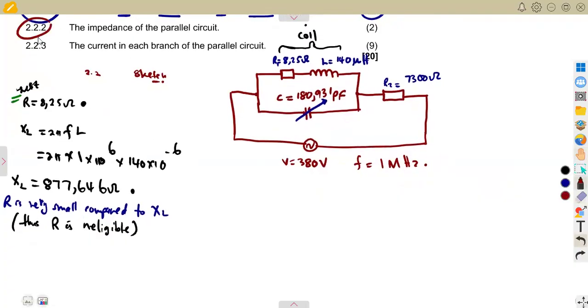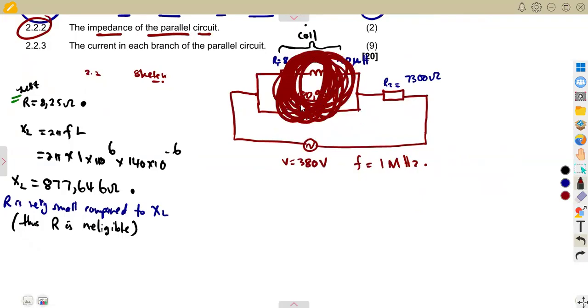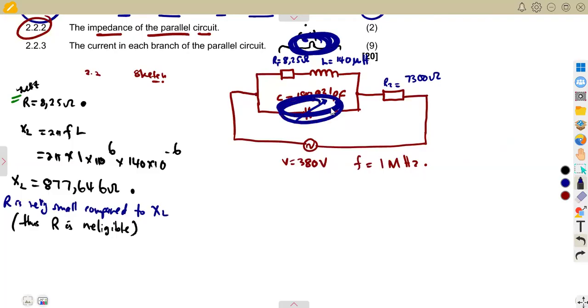All right. 2.22, the impedance of the parallel circuit, the parallel combination. What is it that we consider in a parallel combination? In a parallel combination, there is the coil, and also the capacitor. This is making up our parallel combination. So we can consider the coil as Z1 and this as X for the capacitance.